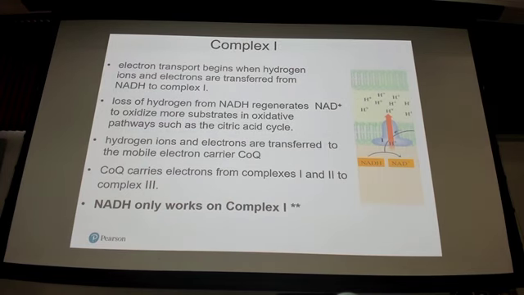So in the first complex, NADH will transfer its hydrogens and electrons to complex 1.